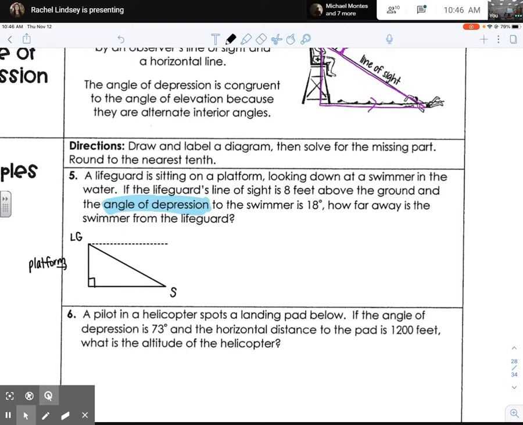Okay. So if the lifeguard's line of sight is 8 feet above the ground, and the angle of depression to the swimmer is 18 degrees, how far away is the swimmer from the lifeguard? If it says the line of sight starts 8 feet up, the vertical height would be 8 feet.